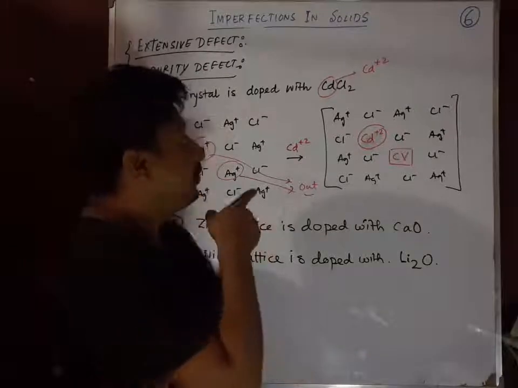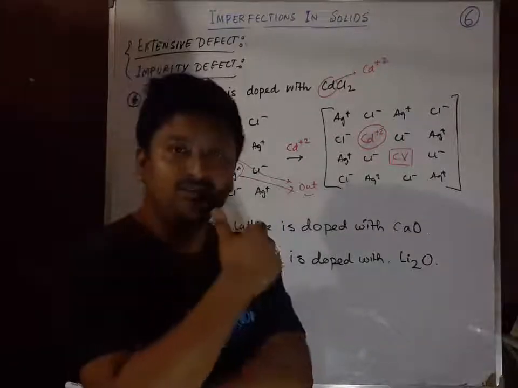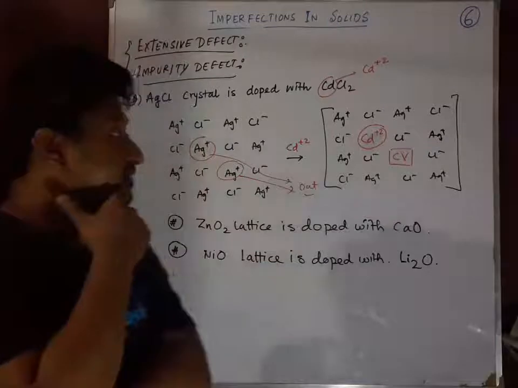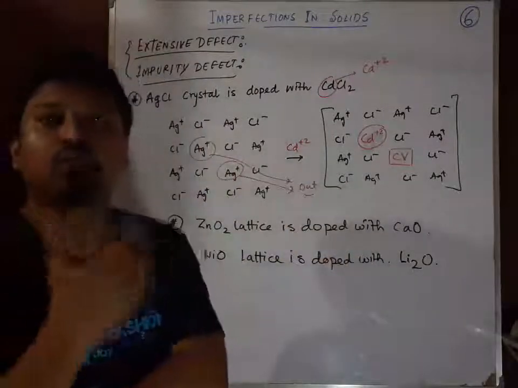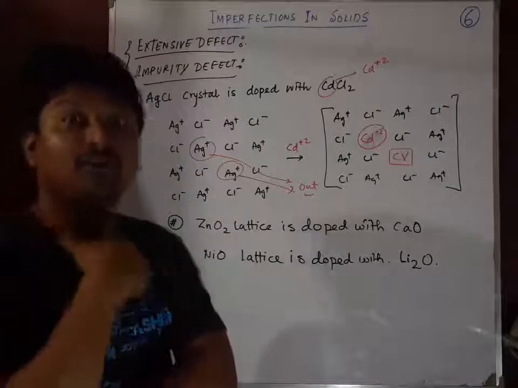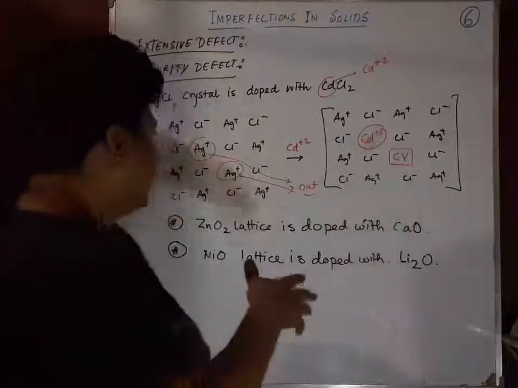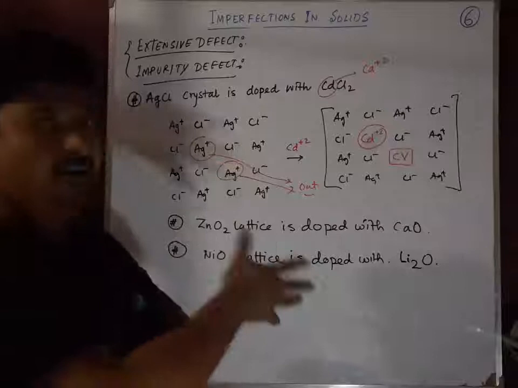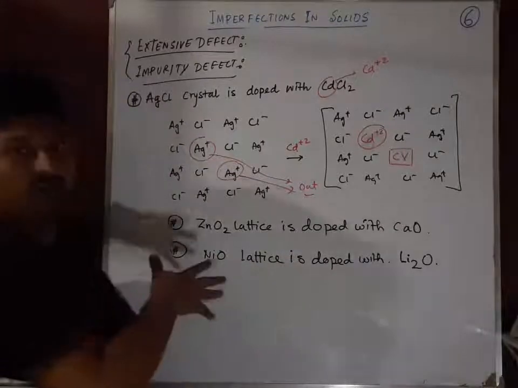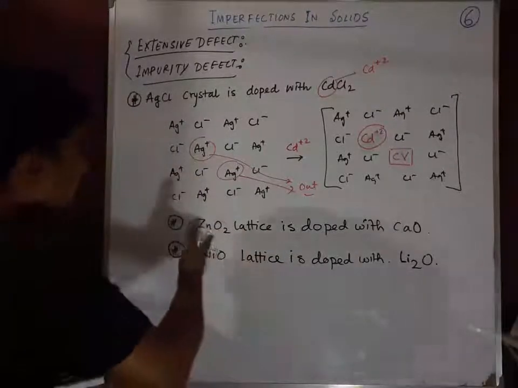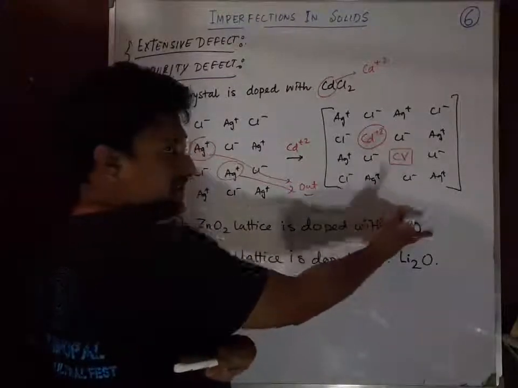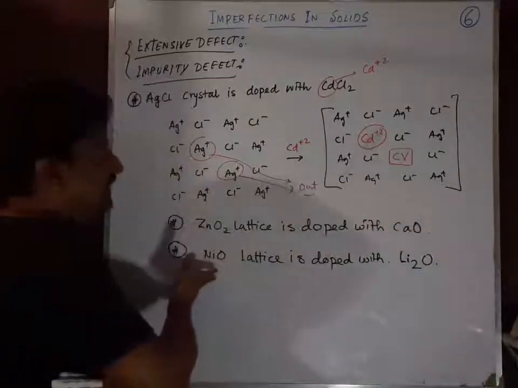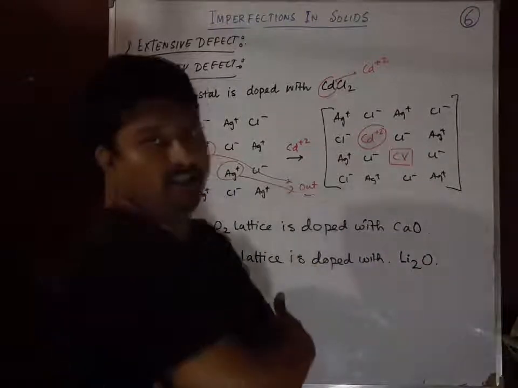Although the material is electrically neutral, due to this cationic vacancy it shows very important properties. This kind of thing is observed in the other 2 cases also, which you need to write down. Figure it out: zinc oxide lattice doped with calcium oxide, number 1, and nickel oxide lattice doped with lithium oxide, number 2.